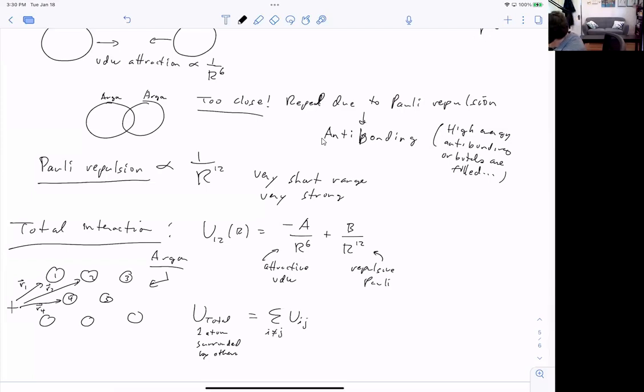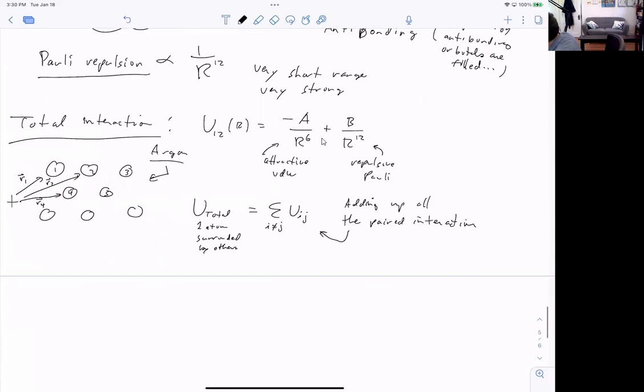I'm just adding up all the paired interactions for one atom. But then I can do it for all the atoms, and I can say U total.